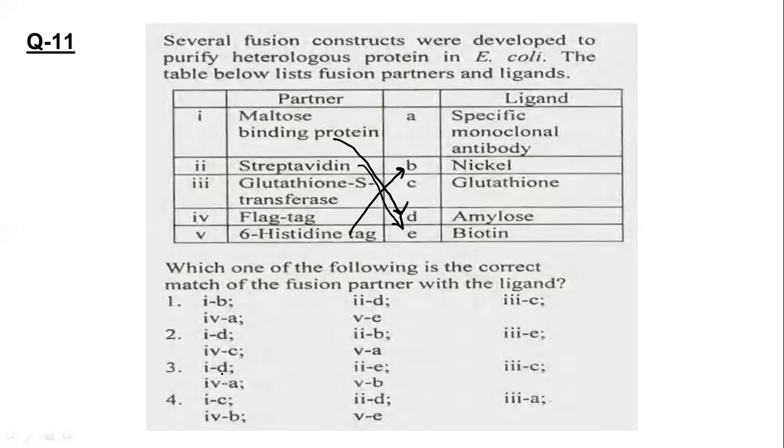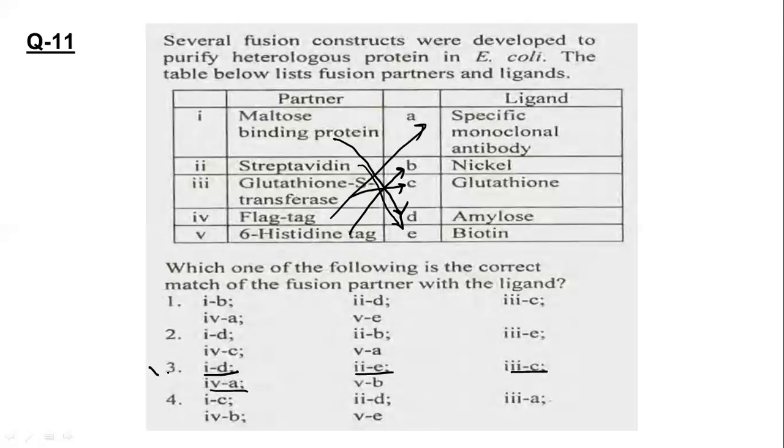So first, 1D, streptavidin binds with biotin; 2E, glutathione S-transferase binds with glutathione; the FLAG tag binds a specific monoclonal antibody; and histidine tag binds nickel, right?